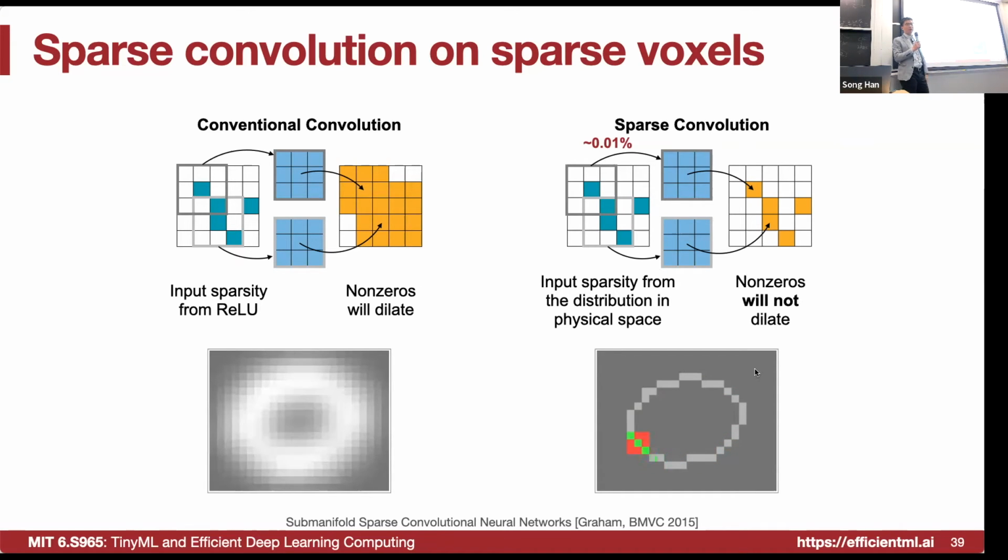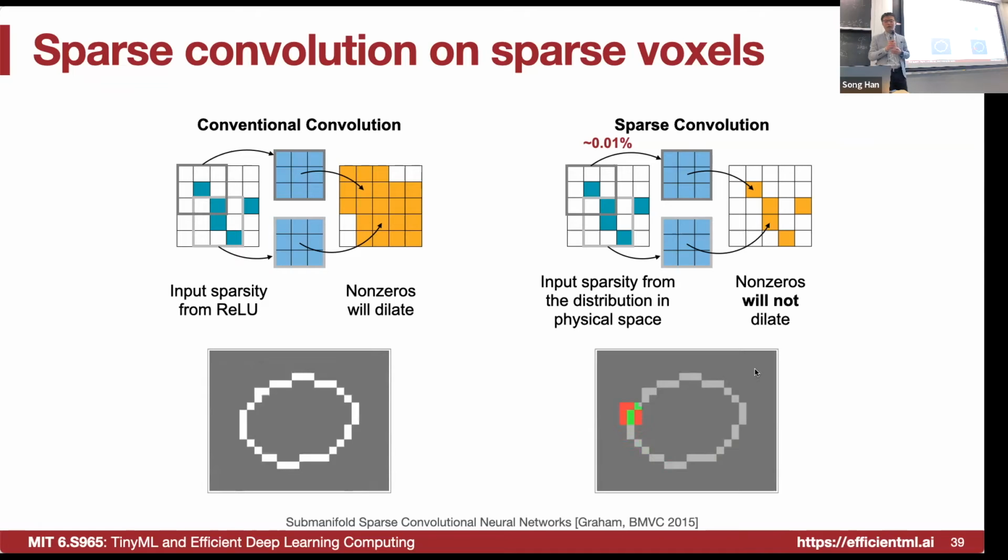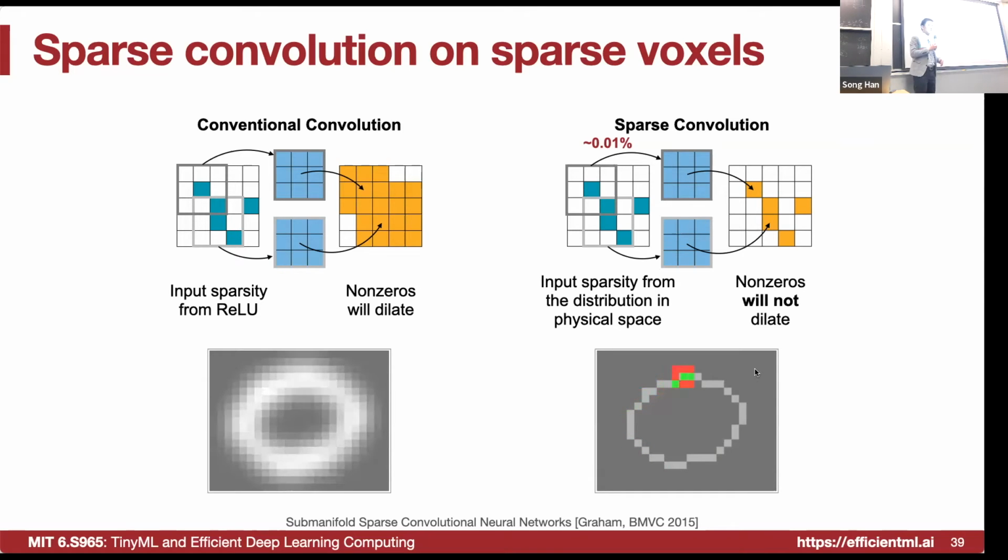So after a couple of layers, what is the problem here? If we use conventional convolution on the sparse point cloud representation, after a while the whole space will be non-zero. That requires a lot of storage and memory to store those activations.